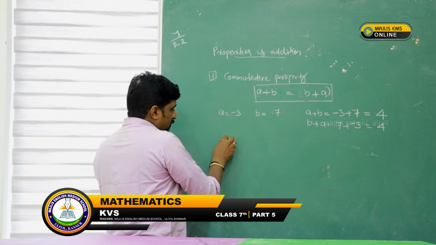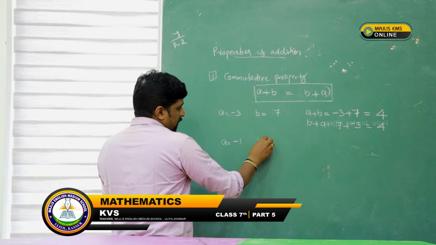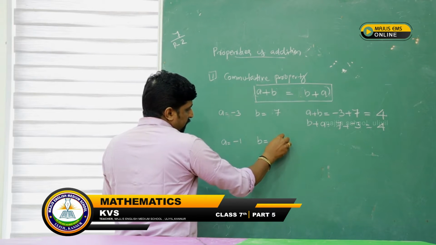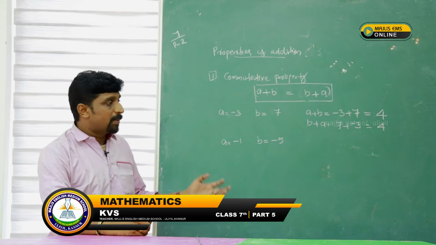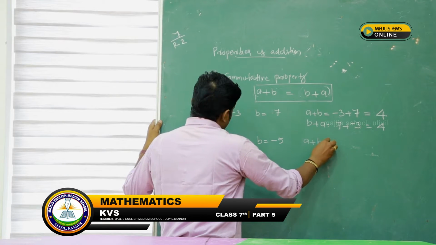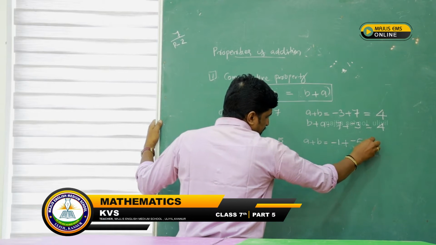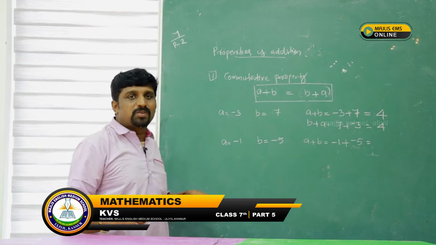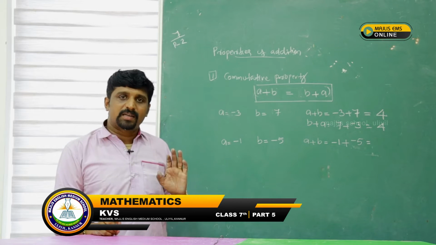We can check another example also. Suppose a equals minus 1 and b equals minus 5. A plus b is minus 1 plus minus 5. Here both are negative numbers, so we add the numbers and put the negative symbol.